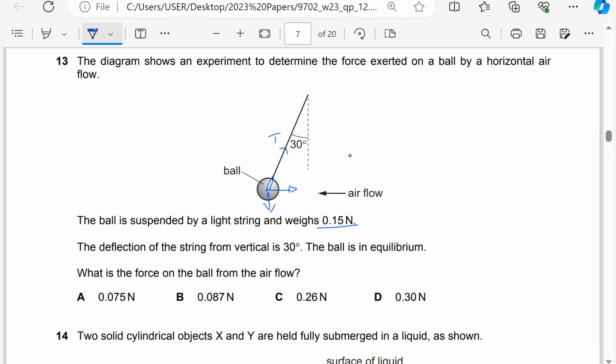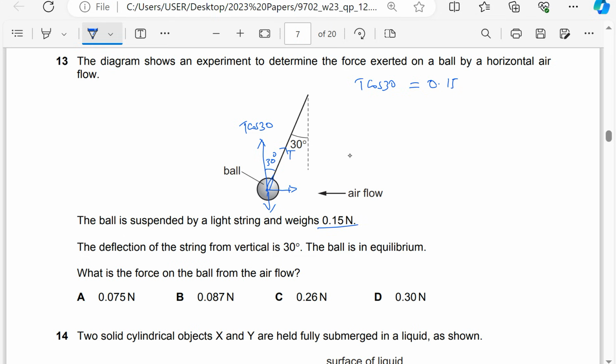Okay, so if we first consider the component vertically, using 30 degrees, this angle is also 30 degrees. Taking the tension to the vertical, it will be T cos 30. So T cos 30 is equal to the weight, which is 0.15, in the vertical.